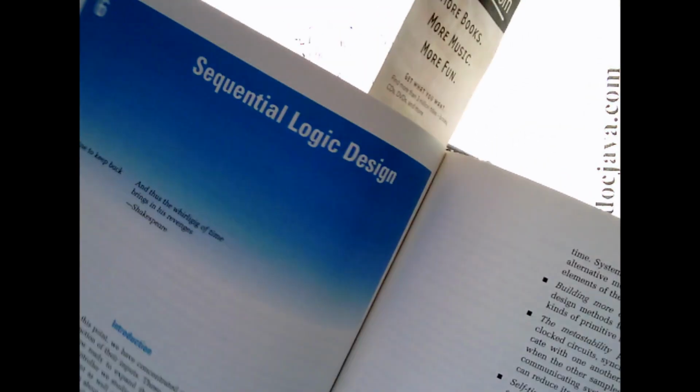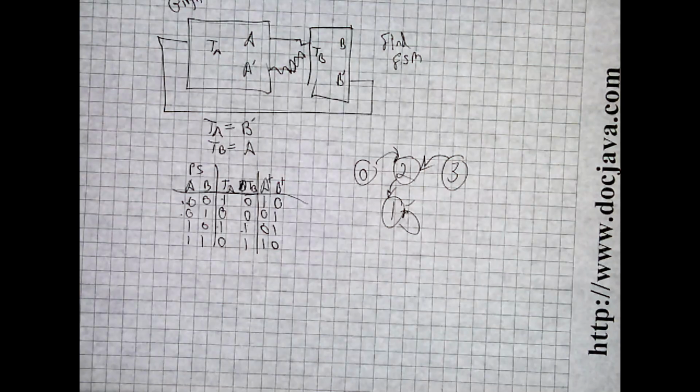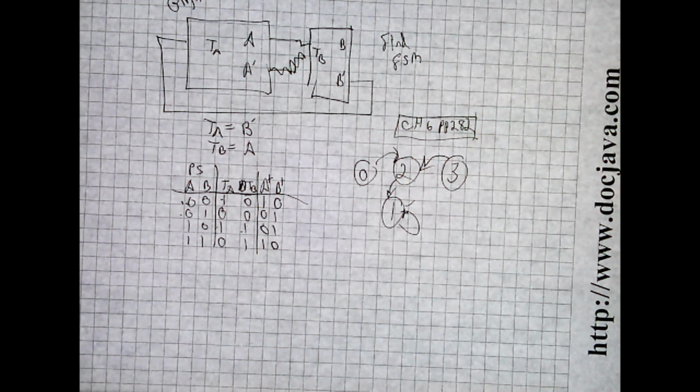There it is. You want to start with the sequential logic design. Chapter 6, page 282. So let me just jot something down for you. Chapter 6, page 282 is where you want to start your reading.